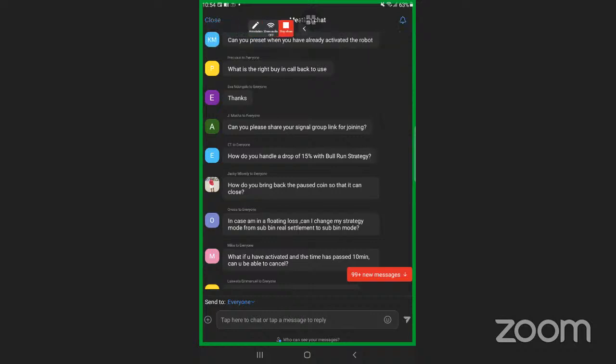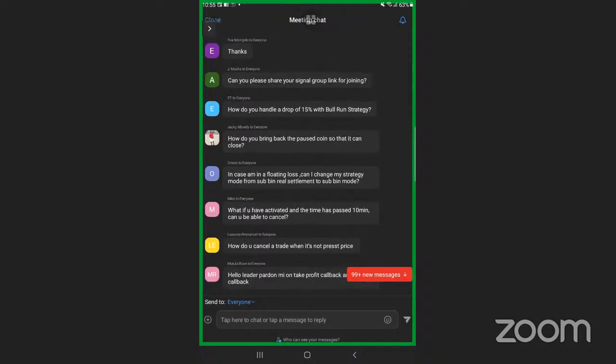What if I have activated and the time has passed 10 minutes? Yes, I was saying, if a signal has been given with a preset price and you have set your robot and time has elapsed 5 minutes to 10 minutes, your robot is not buying. It simply means the current price of that coin is not dropping to your preset price.